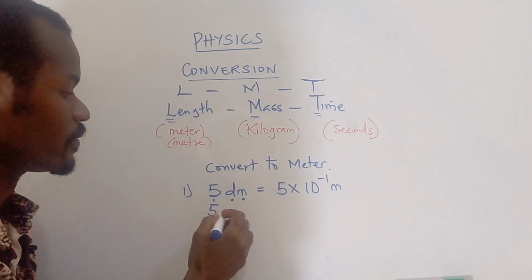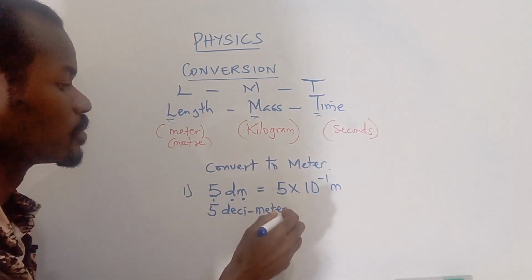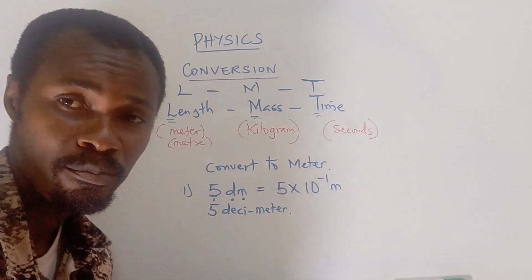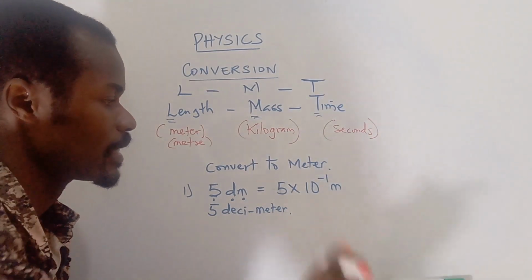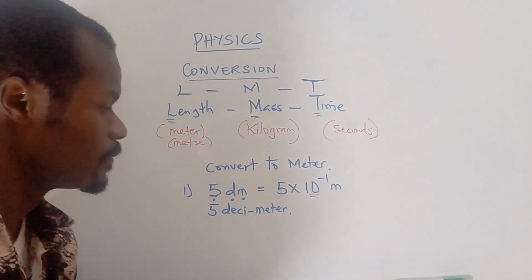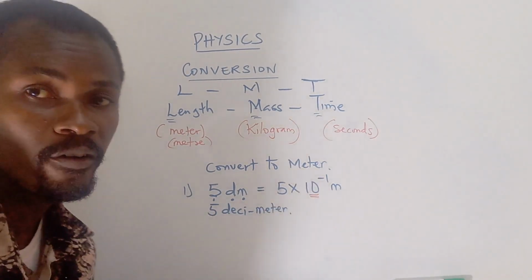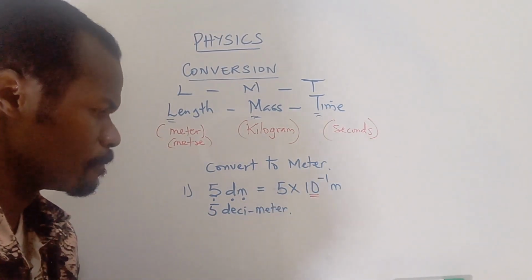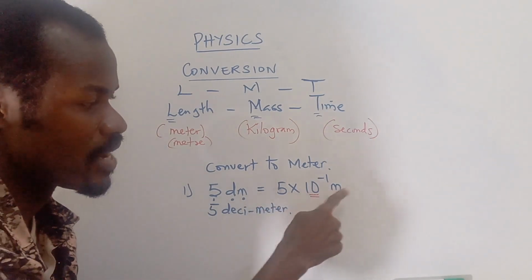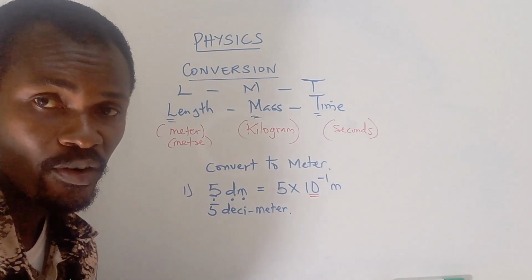This is called 5 decimeter. So deci is a sub-multiple of 10 raised to the power of minus 1. Anytime you see deci, this means 5 times deci, and deci means 10 raised to the power of minus 1. So to simply convert 5 decimeter to meter, you can write it in this form, and you can also solve further.